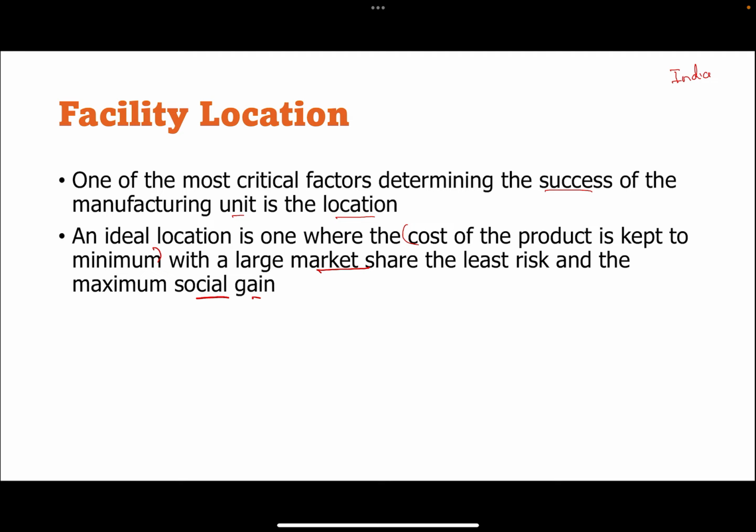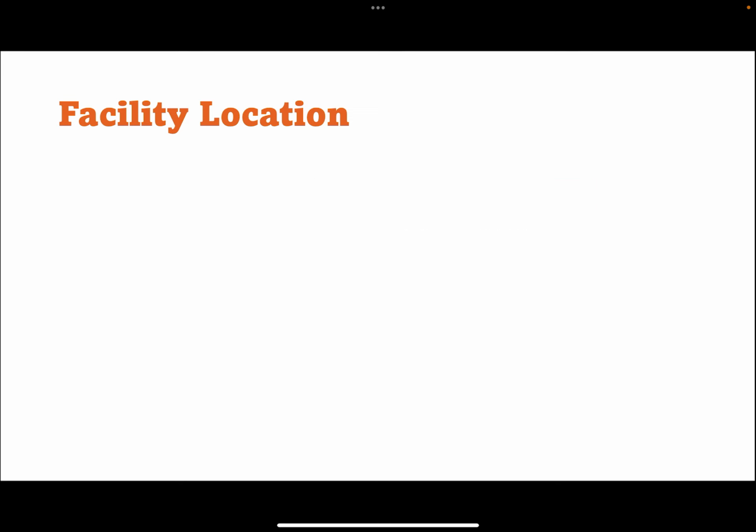So the salary and the wages are very low in India compared to any European country. That means they can manufacture the product at a very low cost. And also, it is easy to ship. If it has good connectivity, you can easily ship the product from India to any other part of the world.